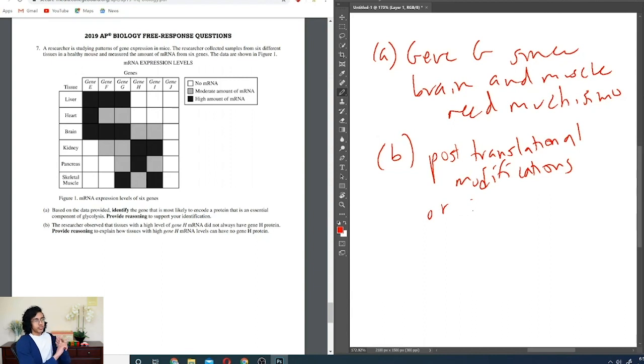You could also degrade the mRNA, right? You could also break down the proteins. I'm pretty sure post-translational modifications is what it's looking for. And you could be more specific. You could say that maybe the RNA is degraded before it could be turned into a protein, or that they have a certain molecule that prevents the ribosome from binding, something like that.